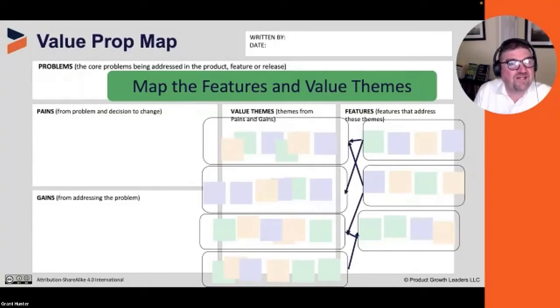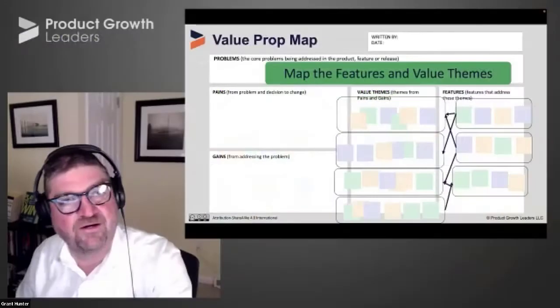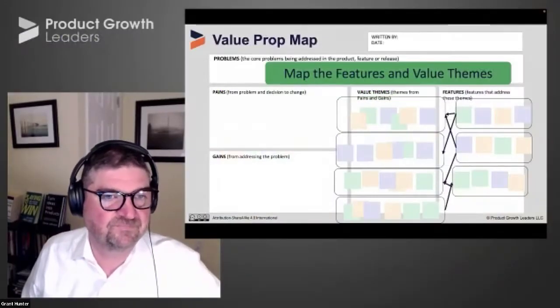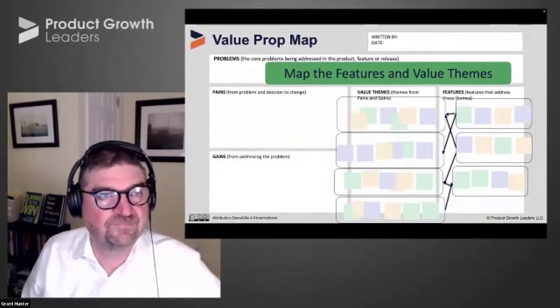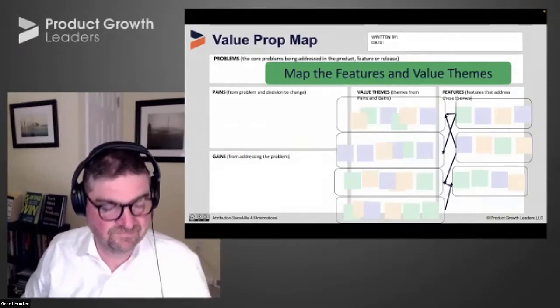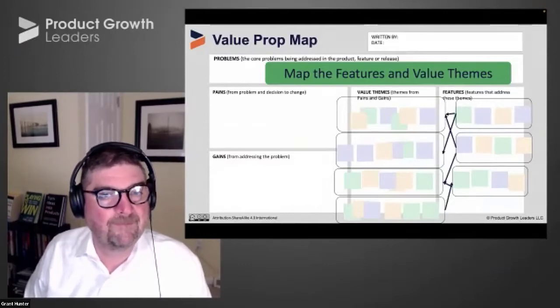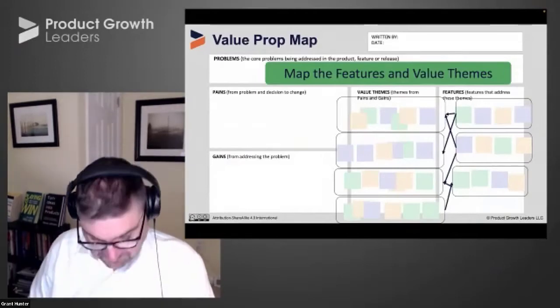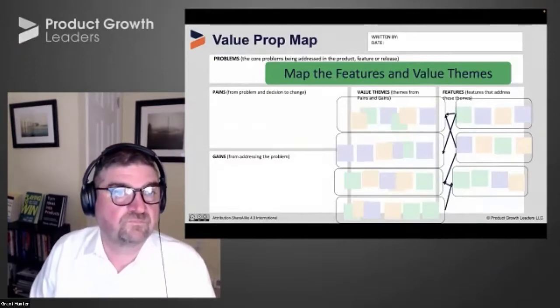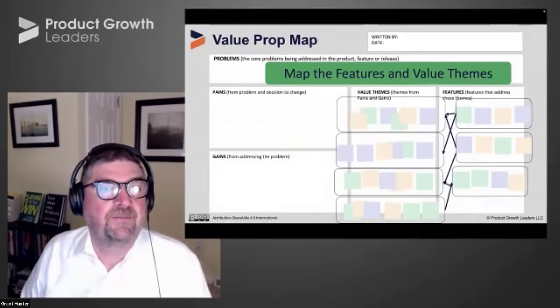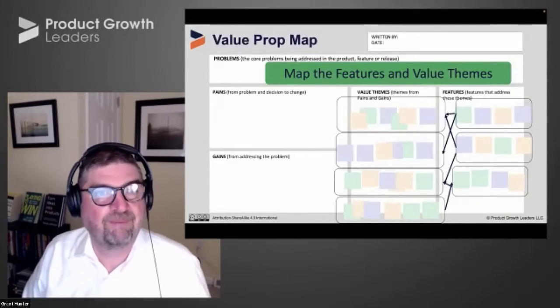Any questions on this approach and how we're talking about it here? So one of the questions I have regarding this, and I actually have used the value proposition canvas from Strategyzer. Yep. What I like about it is that I can build a specific value proposition for a specific type of user or customer.